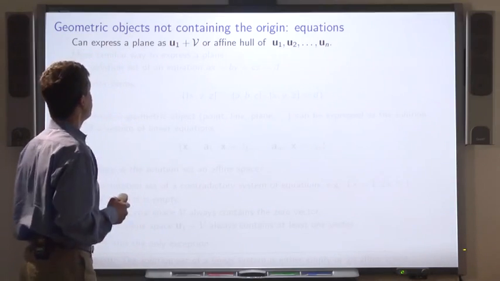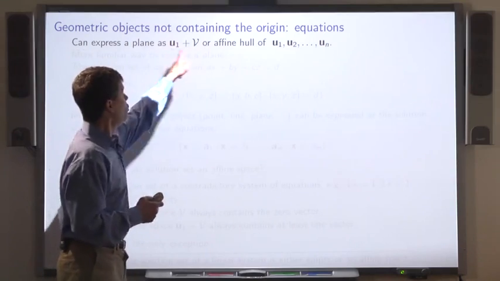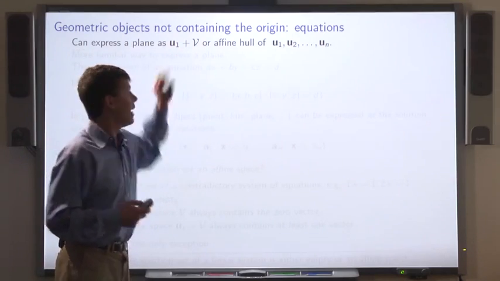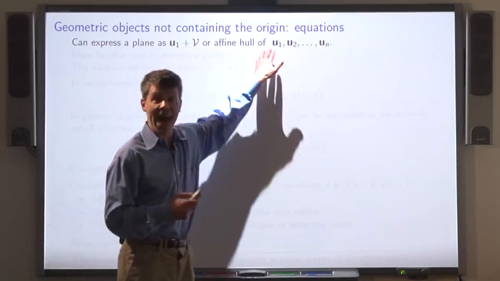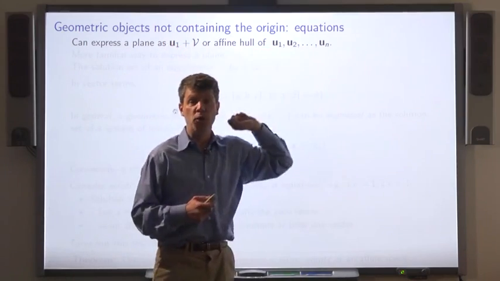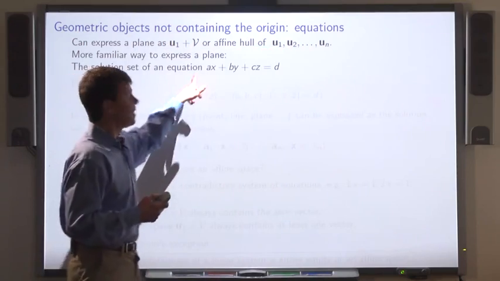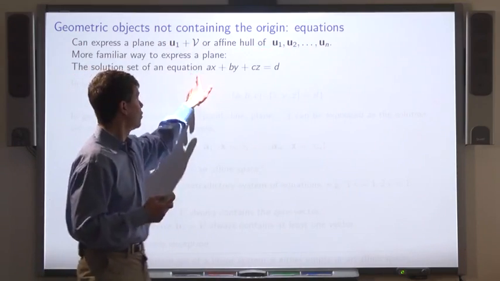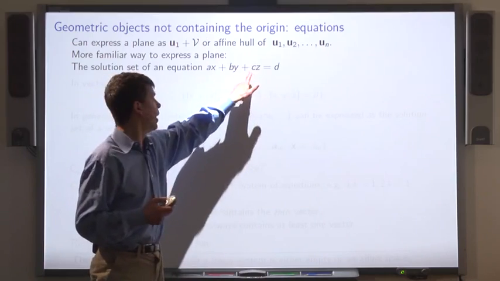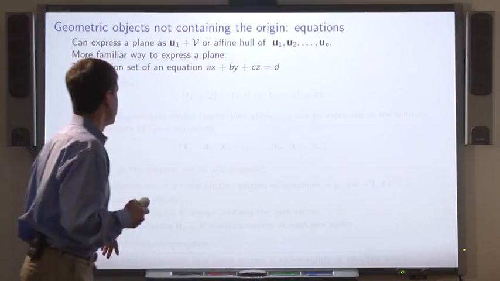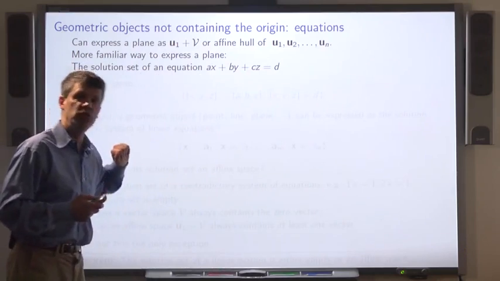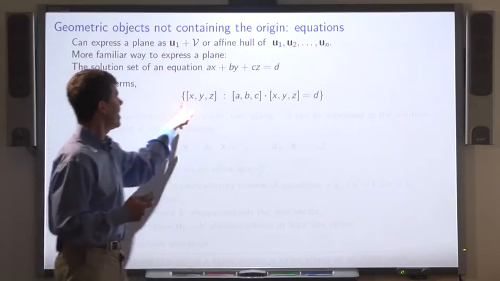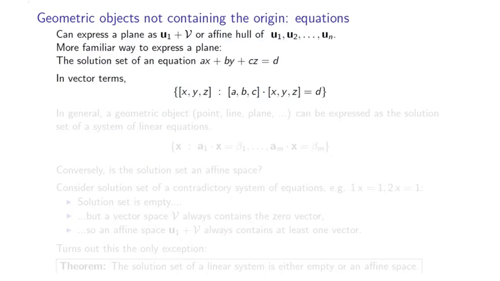So we see that we can represent a plane as u1 plus a vector space, an affine space, or the affine hull of some points. There's a more familiar way as the solution set of an equation, ax plus by plus cz equals d. Let's rewrite this using vector notation. It's the set of all x, y, z such that the dot product of (a, b, c) with (x, y, z) equals d.